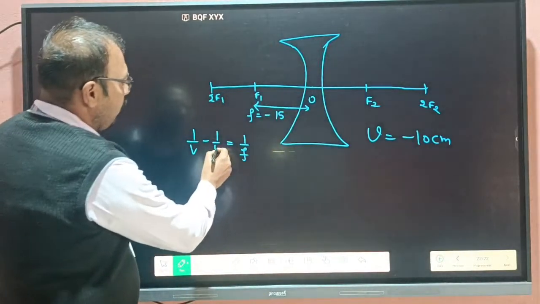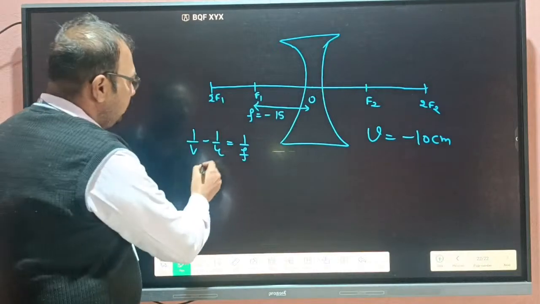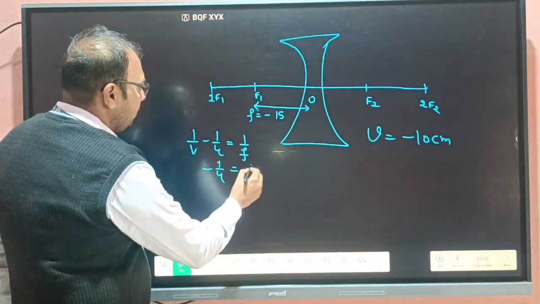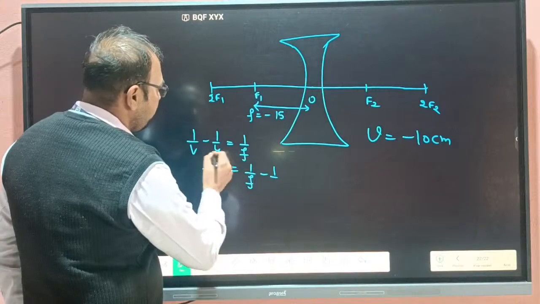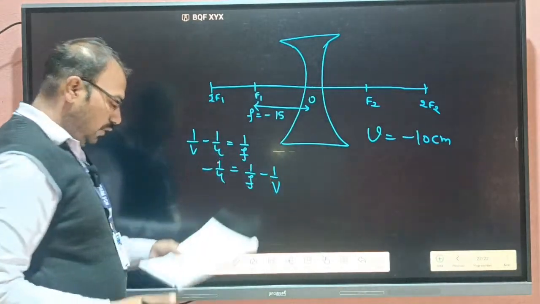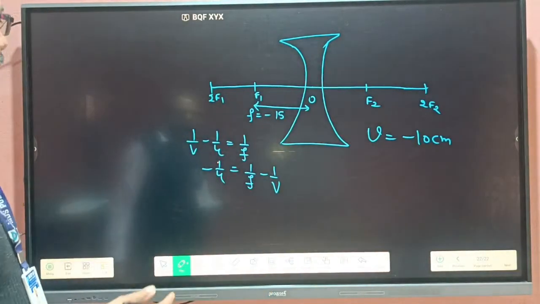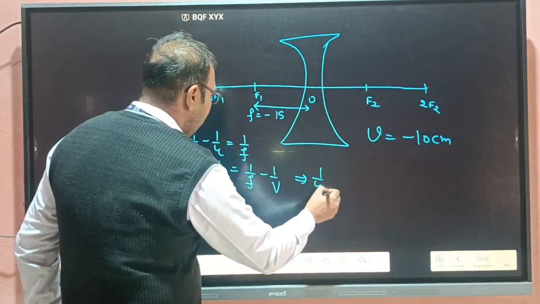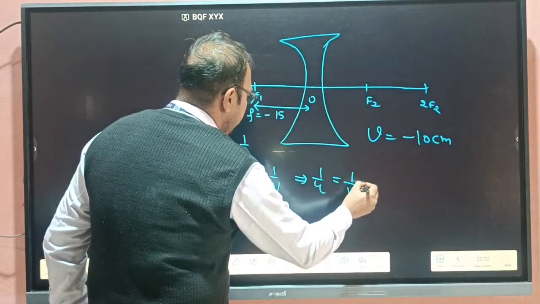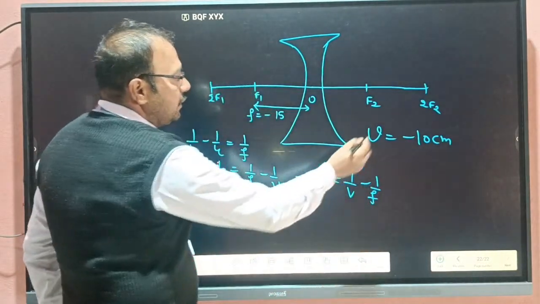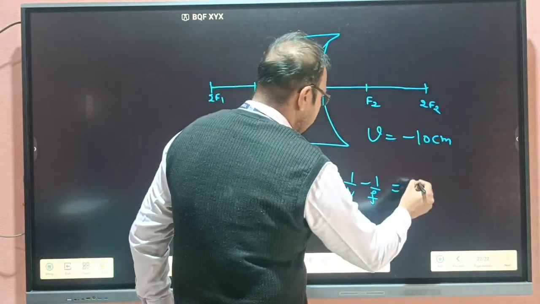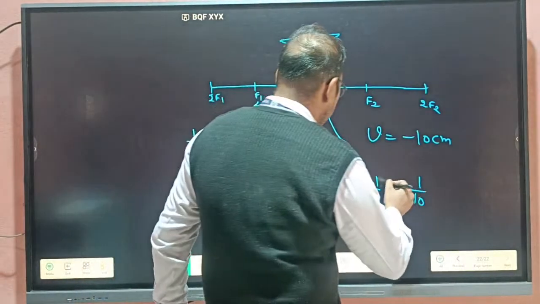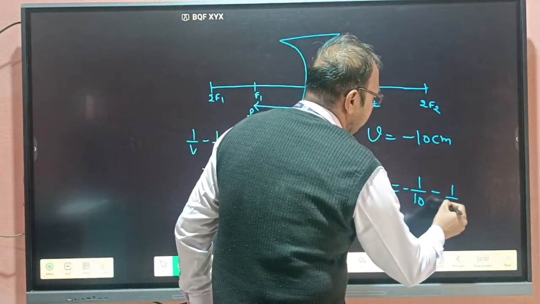So minus 1 by U is equal to 1 by F minus 1 by V. Taking the negative sign common, 1 by U is equal to 1 by V minus 1 by F. The value of V is minus 10, and F is minus 15.